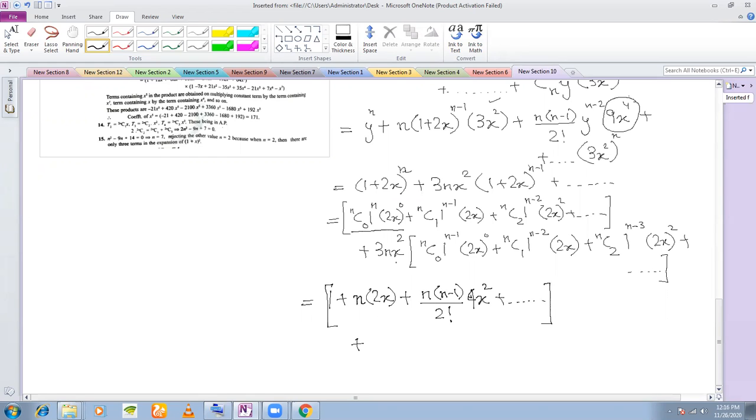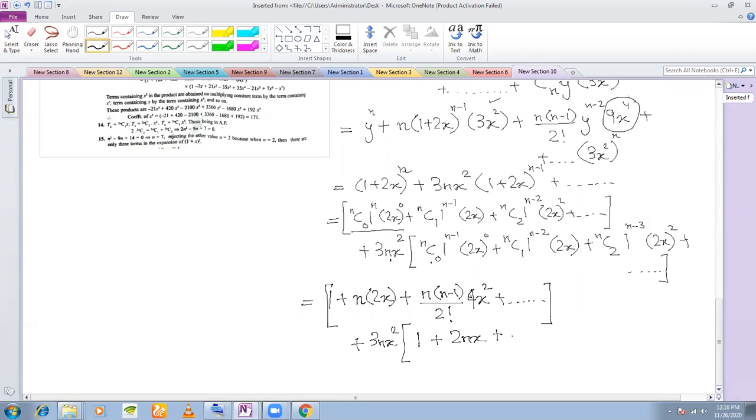For the next one, if you multiply 3 and x square, let me simplify. nc0 is 1. 1 to the power of n minus 1 is 1. 2x to the power of 0 is 1. So it's only 1. Plus nc1 is n. 1 to the power of n minus 2 is 1. So this is 2nx. Right?